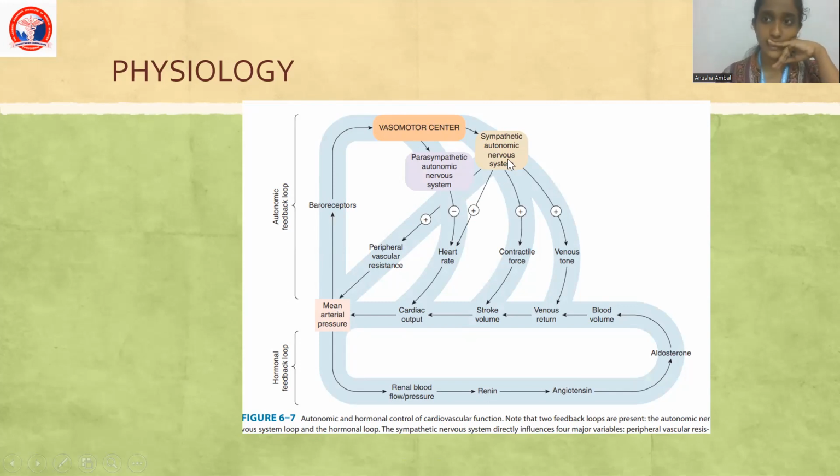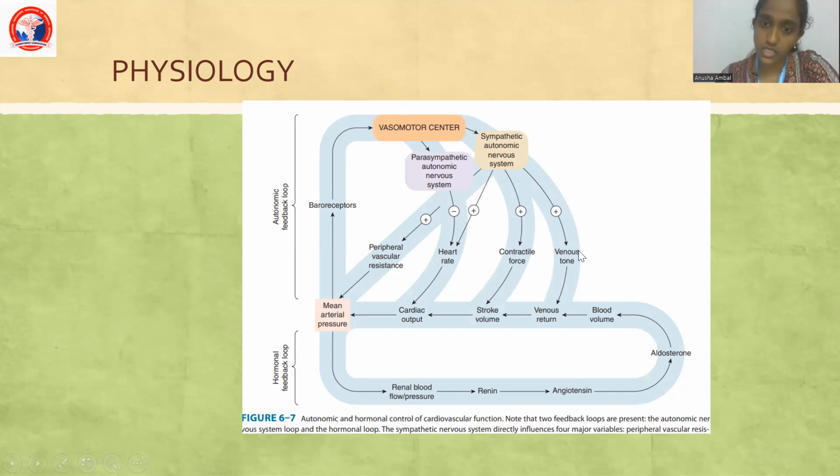The sympathetic nervous system will increase the venous tone, increase the contractile force of the heart, increase the heart rate, and increase the peripheral vascular resistance.